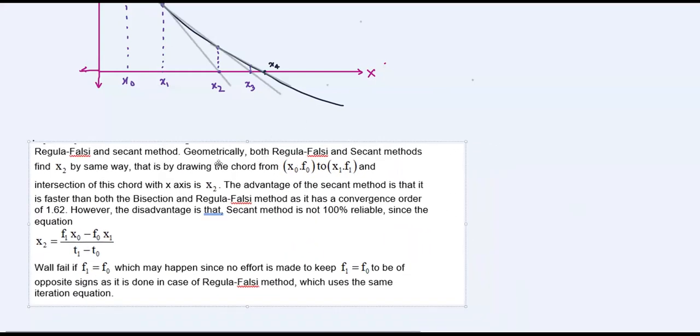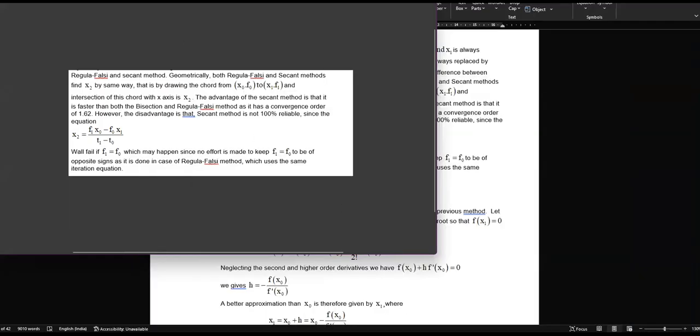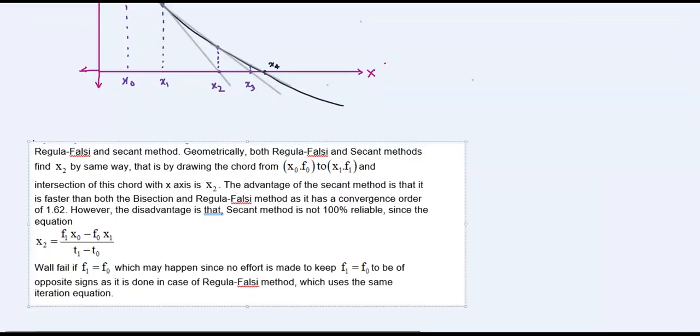Geometrically, both regula falsi and secant method find x2 in the same way. That is by drawing a chord from x0 comma f of x0 and x1 comma f of x1. The intersection of the chord with the x-axis is x2.